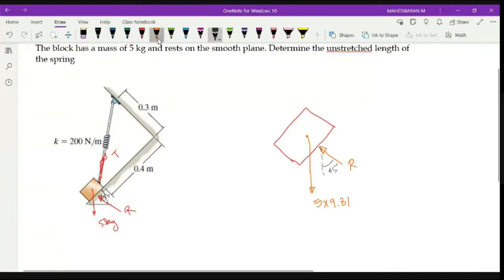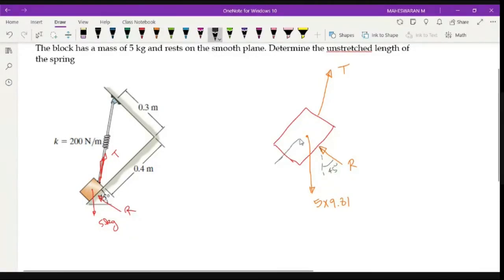And then you have another force which is acting like this, T, right? What is the angle of T? So you know that you have a line here. So if I consider here, there is a line.